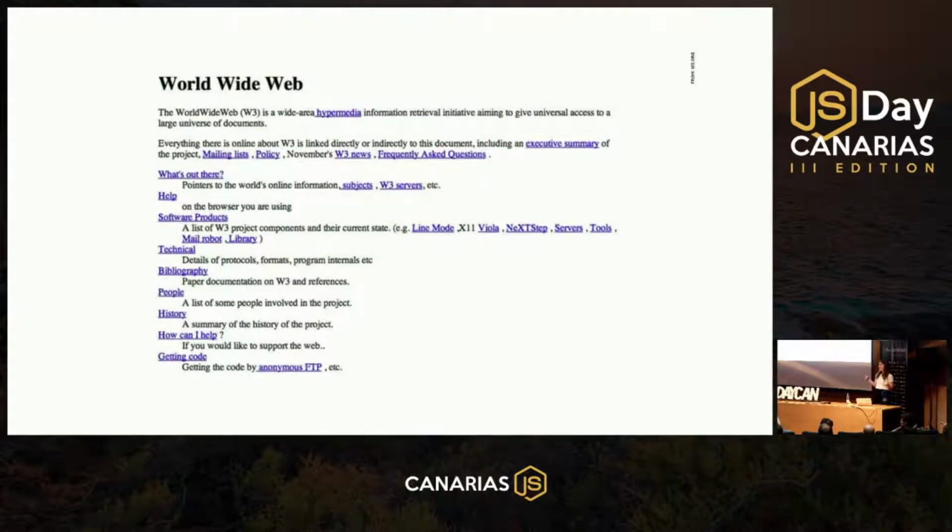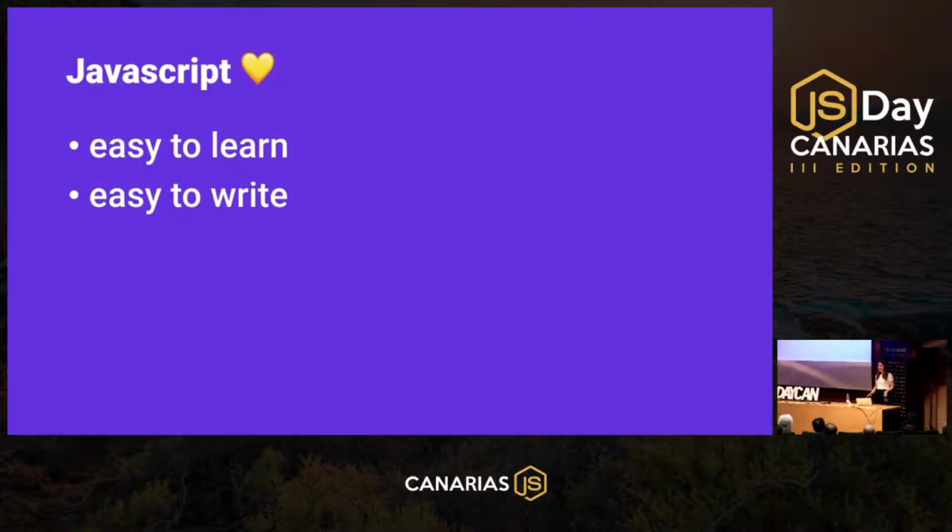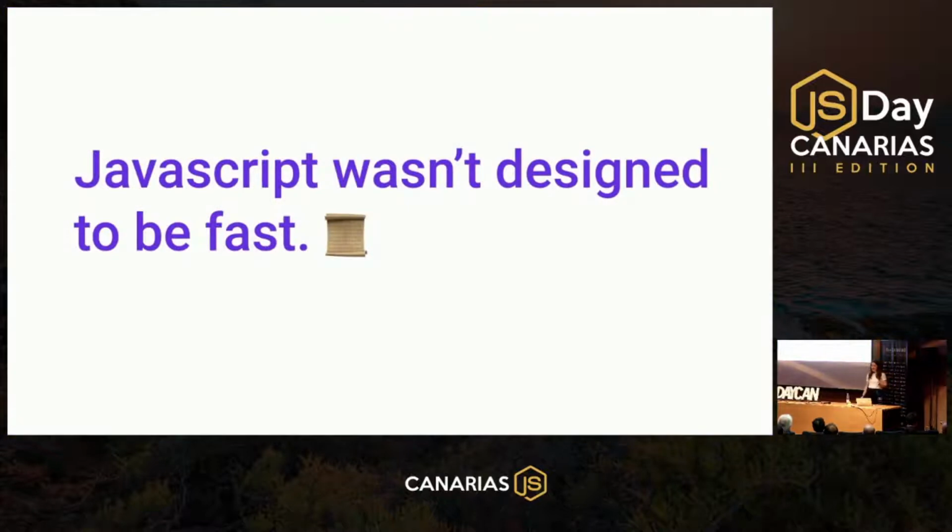This is a screenshot of the first website ever that Tim Berners-Lee published about 30 years ago. JavaScript was invented at that time to bring some interactivity to the web that was full of hyperlinks. It was designed to be easy to learn and easy to write. But it wasn't designed to be fast. Now, over the years, browsers added improvements into the way they optimized JavaScript.